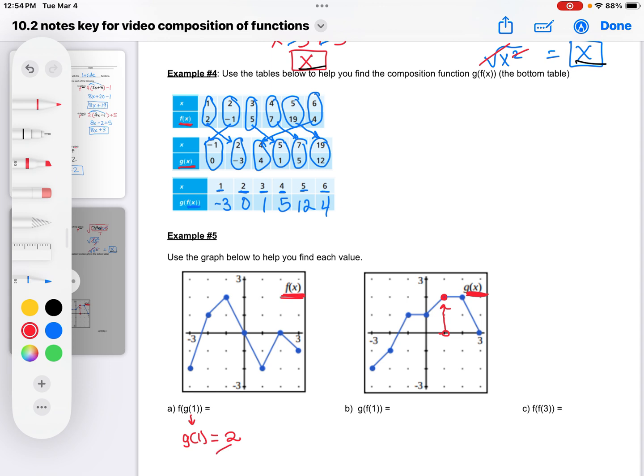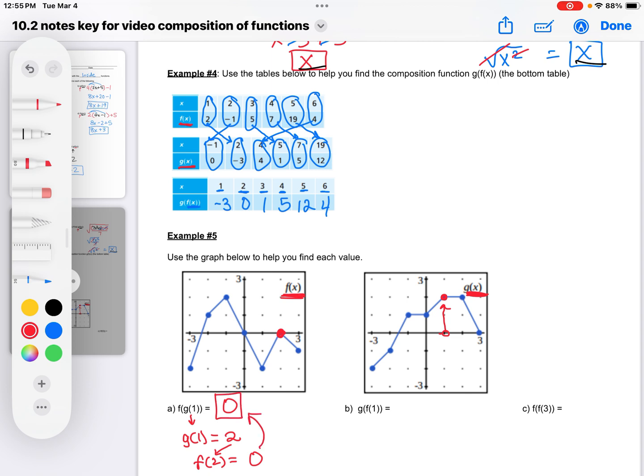So then that 2, I find f of 2. So now I go to the f graph, look where x is 2, and since its output is at 0, I get 0. So the answer to f of g of 1 is 0.